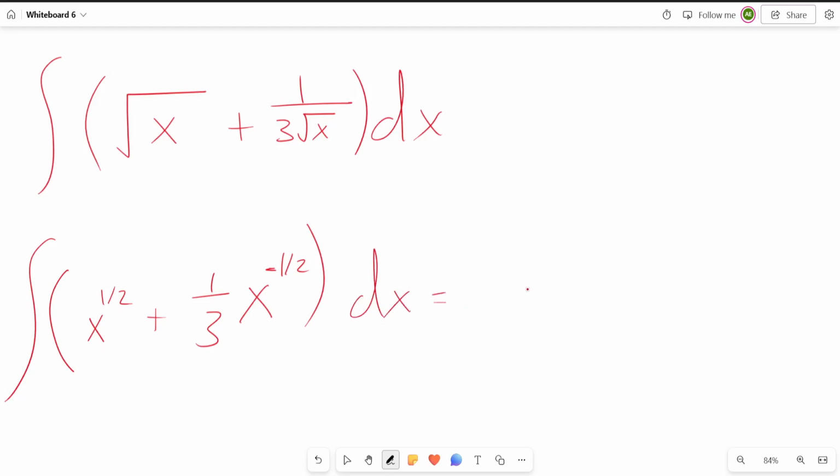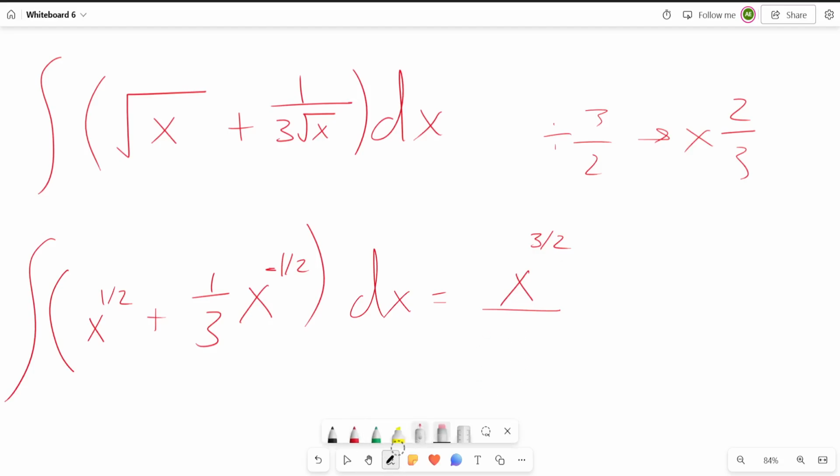Integrating that, I'm going to have x power a half plus 1 is 3 over 2, and then divide by the new power. So we divide by 3 over 2. Dividing by 3 over 2 is the same as multiplying the reciprocal of 3 over 2, so multiplying 2 over 3.